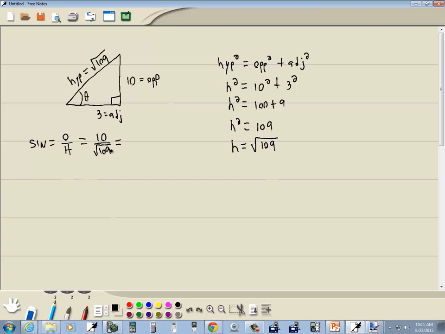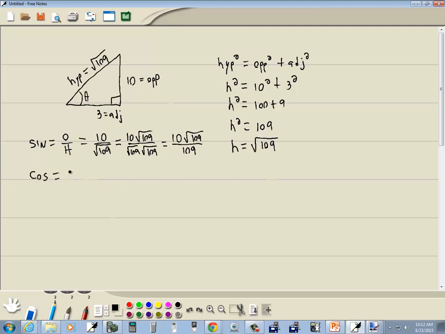Now we can't have a square root down below, so we're going to multiply top and bottom by the square root of 109. So multiply 10 by square root of 109, and we multiply the square root of 109 by square root of 109. So that's going to give us 10 square root of 109 over 109. When you're multiplying square roots together and they're exactly the same, they cancel each other away.